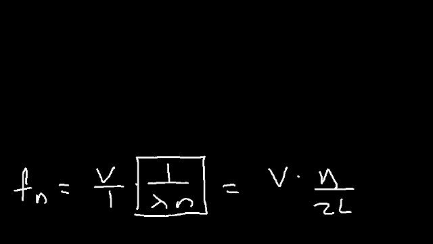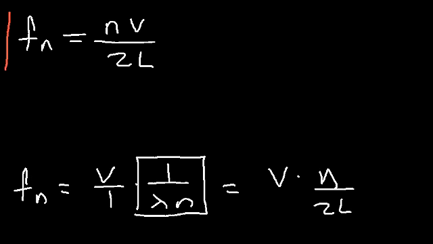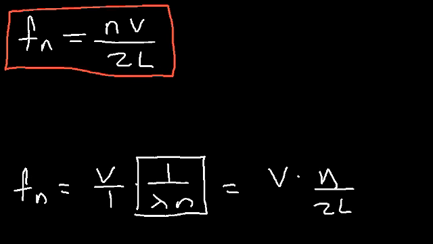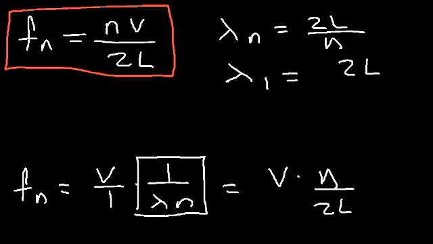So this gives us another useful equation. We could find the frequency of any harmonic if we know the speed and the length. It's n times V divided by 2L. Now going back to this equation, lambda n is 2L divided by n. So lambda 1 is simply 2L over 1, which is 2L, which means that we can replace 2L with lambda 1.